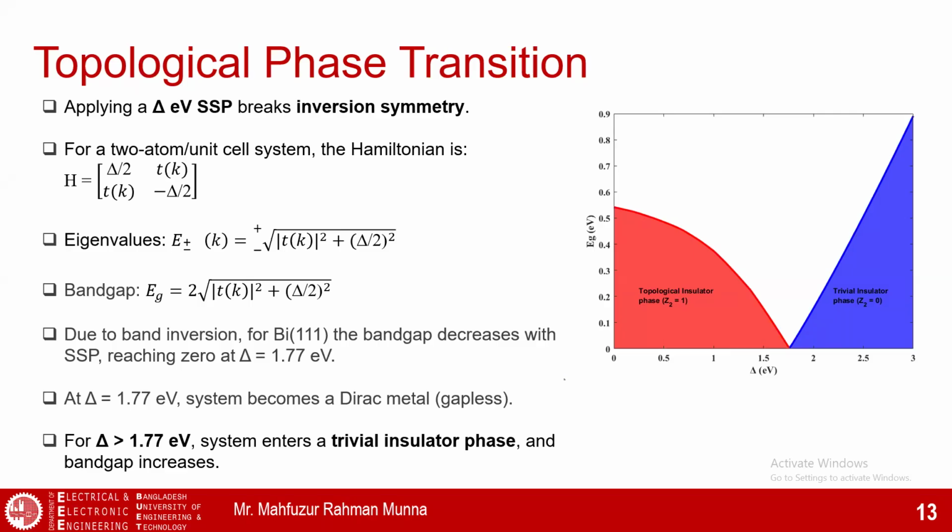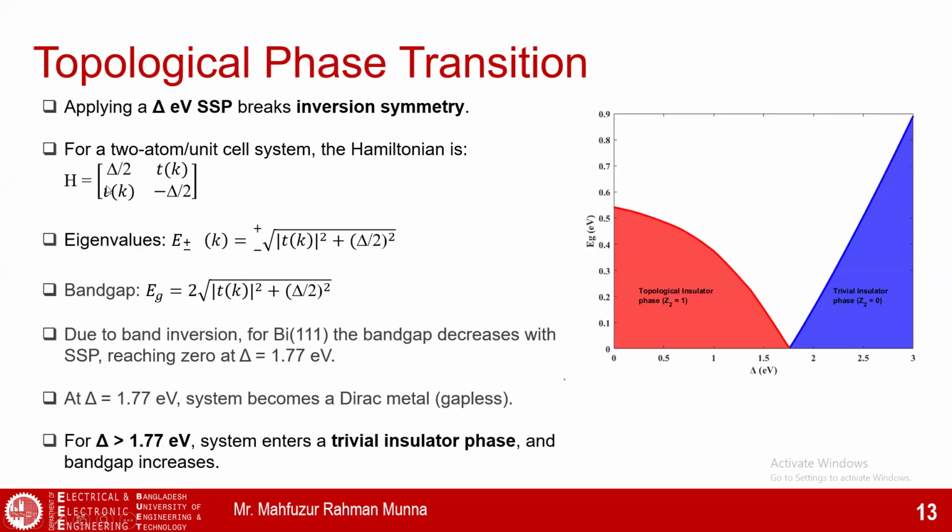Before going into the detail, let's talk about a very simple system. For example, for a 2-atom per unit cell system, the Hamiltonian can be written as this. Initially, there shouldn't be this term. We are assuming that the on-site potential is 0, and this is the hopping term.